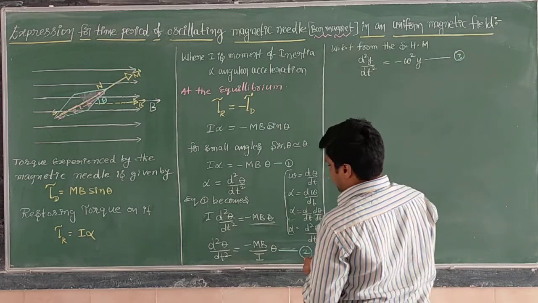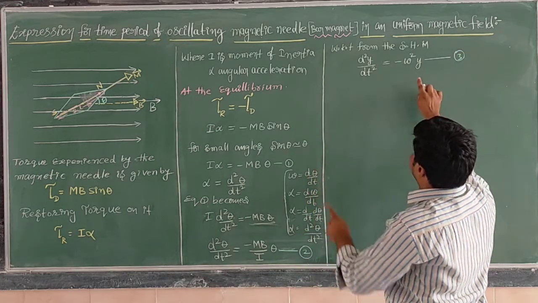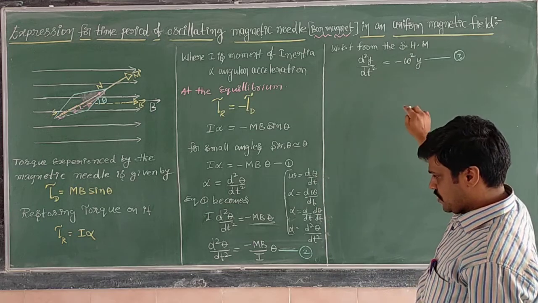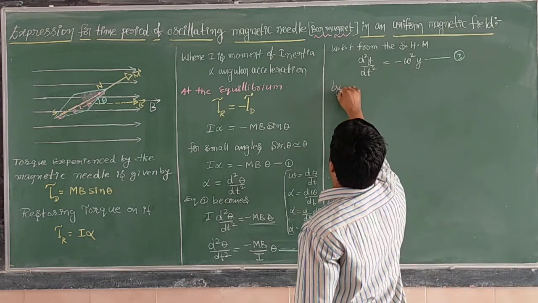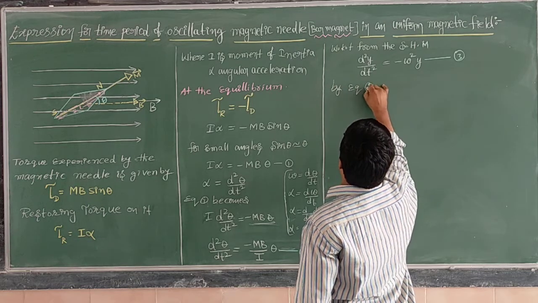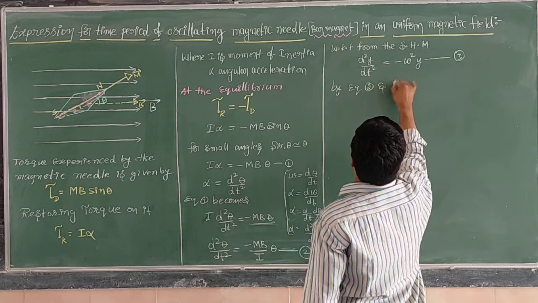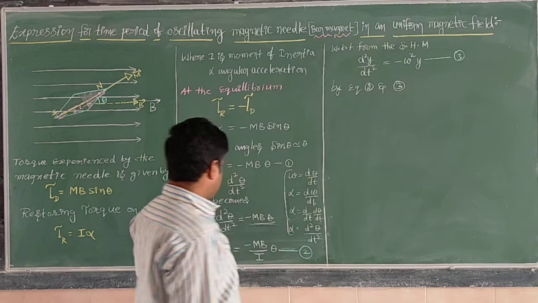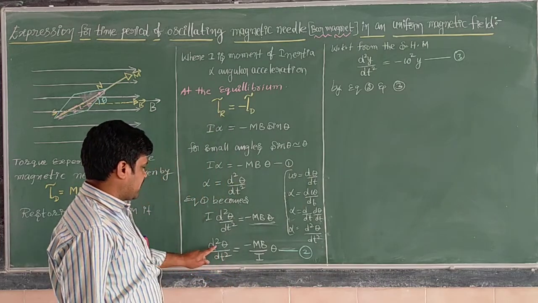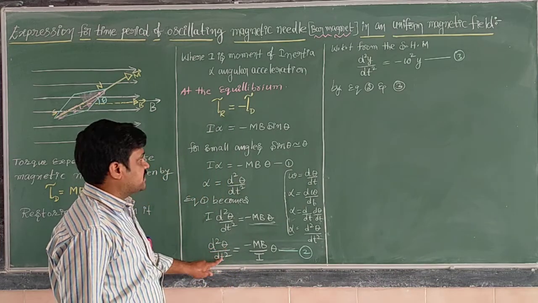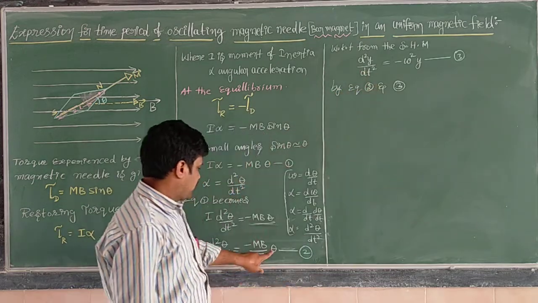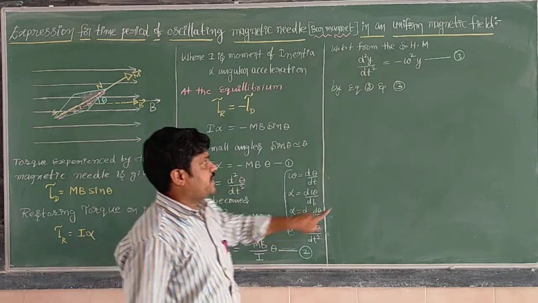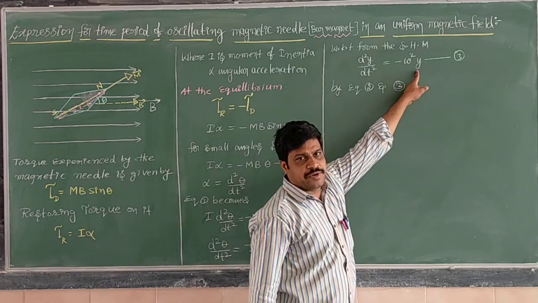Now by comparing equation number 3 and 2, what do we have to take? We don't want d square theta by dt square or d square y by dt square. Angular displacement, linear displacement, we don't want.